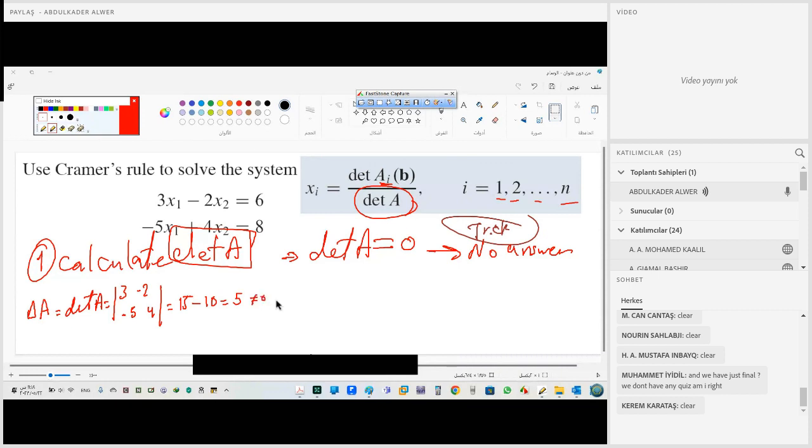Not equal 0, so it is invertible. Sorry, I made a mistake earlier; it is 12 plus 10 minus... so it's 2. Hiba, is it 2 or minus 2? It is 2. Correct?